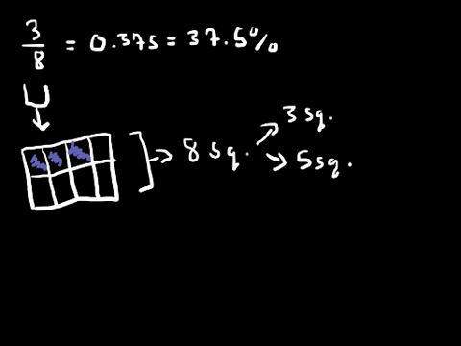Essentially a fraction is really a division. So you can say 3 divided by 8, or you can keep it like that and just say 3 over 8. There are different ways of calling it, but essentially it means the same thing.